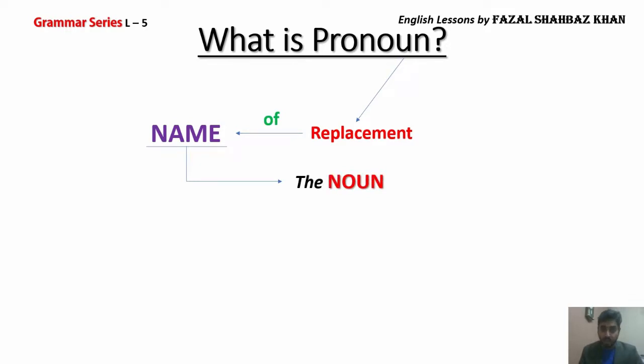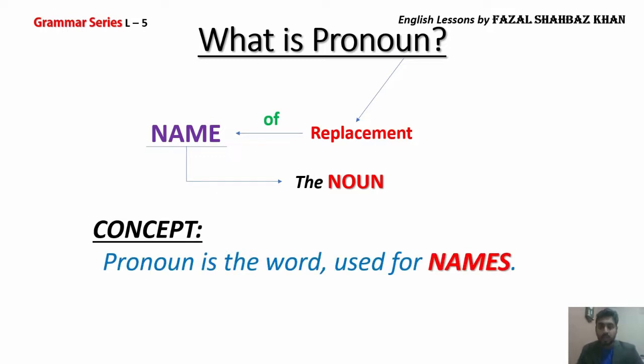So when we use something in place of noun, it is called pronoun. When we replace any word in the place of name, then we use pronoun instead of noun. So the concept altogether becomes that pronoun is the word used for names. It means used for nouns. Here don't get confused. The word for, as we know already, here means in place of, instead of. There are other meanings of for. We'll talk about that later.